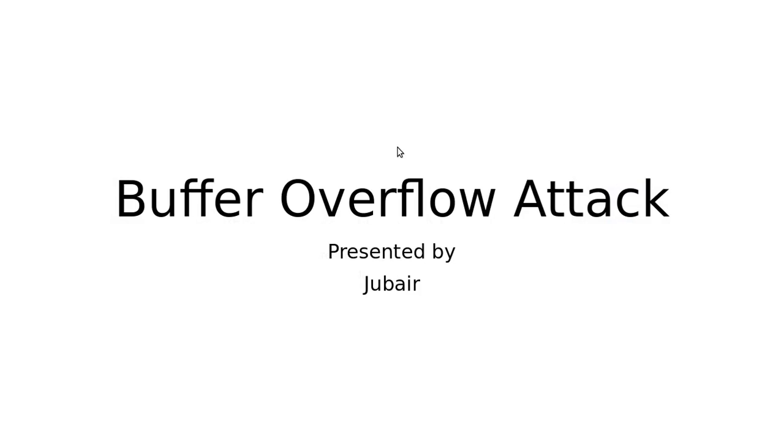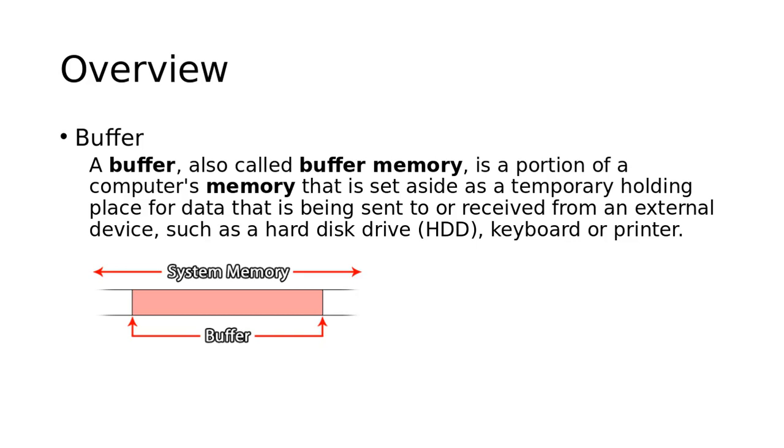So before describing buffer overflow attack, I will go through some definitions. What actually is a buffer? A buffer, also called buffer memory, is a portion of a computer's memory that is set aside as a temporary holding place for data that is being sent to or received from an external device such as a hard disk, keyboard or printer.